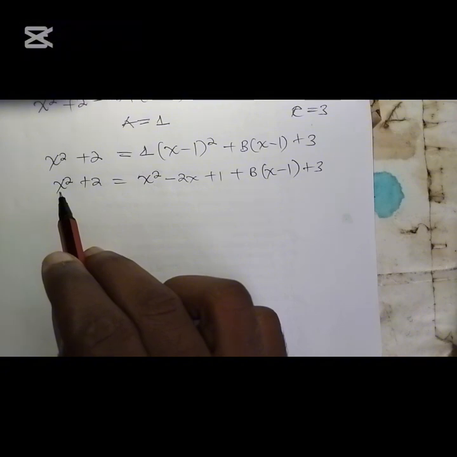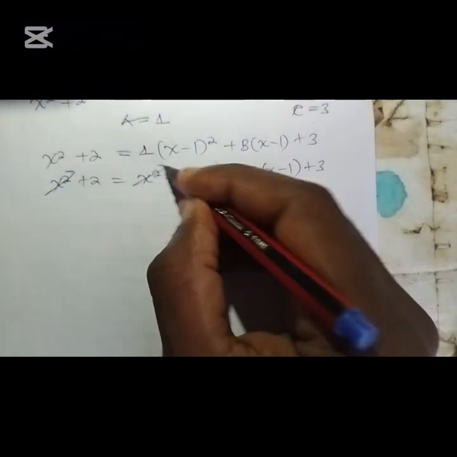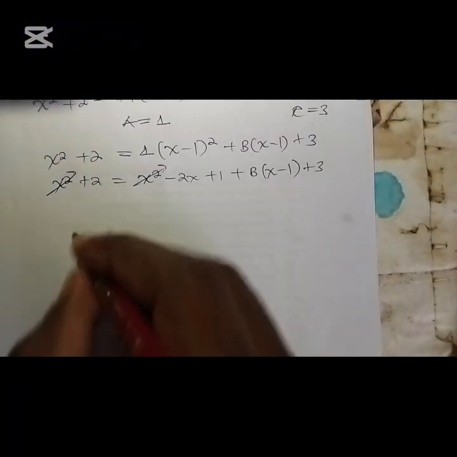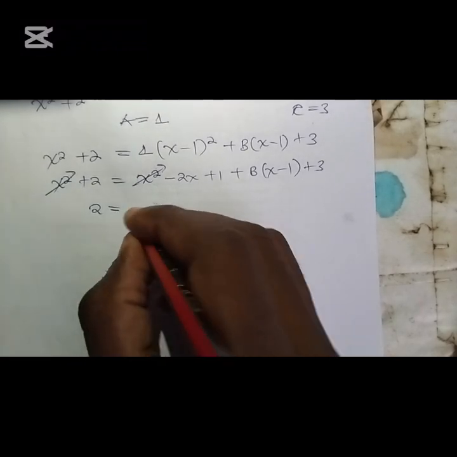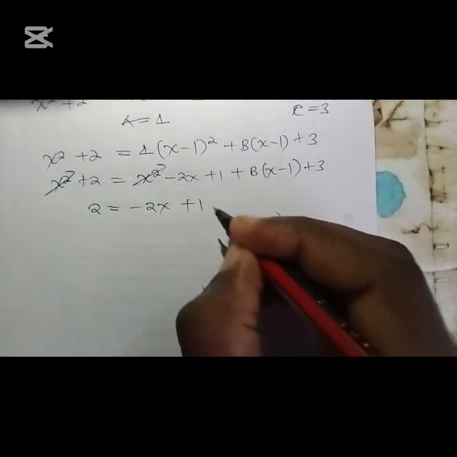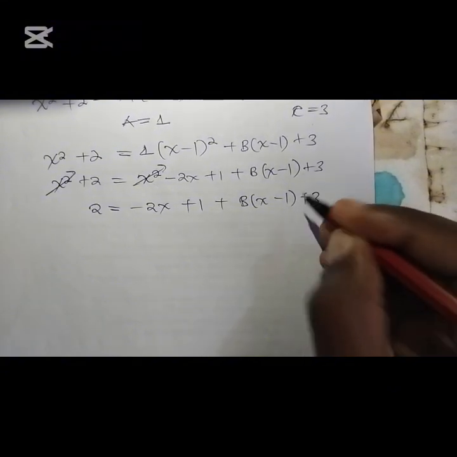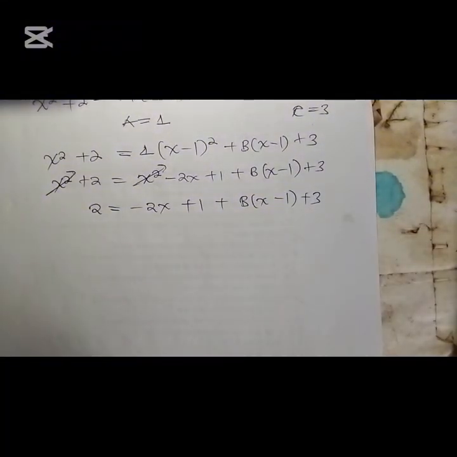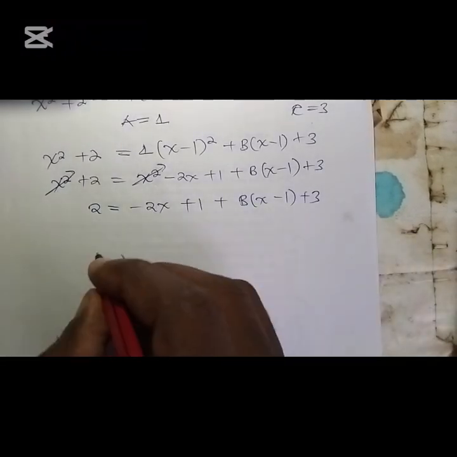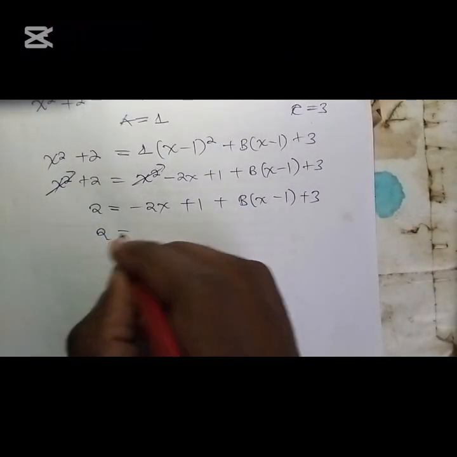Then from there now we can say if we take this to the other side, it will be a minus, which means this and this will cancel. Okay, then 2 is equal to negative 2x, then plus 1, then plus b, x minus 1, plus 3. All right, then this plus that gives us 4.